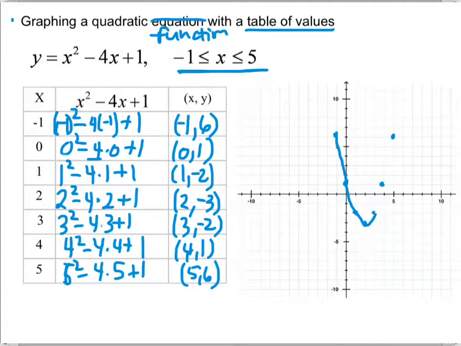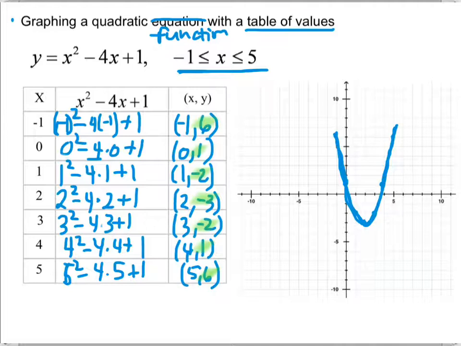So it appears to be symmetric about this certain point. The right branch as it goes up is the same as the left branch as it went down, and you can see that in the coordinates: 6, 1, -2, -3, -2, 1, 6.